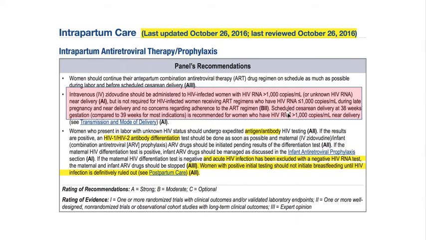In addition, cesarean section should be performed at 38 weeks gestation, compared to 39 for most indications, for women who are viremic, and this is because natural childbirth increases the risk of virus spread compared to cesarean section.